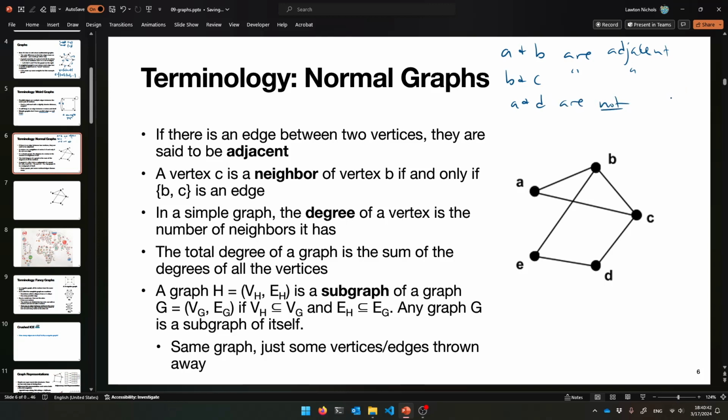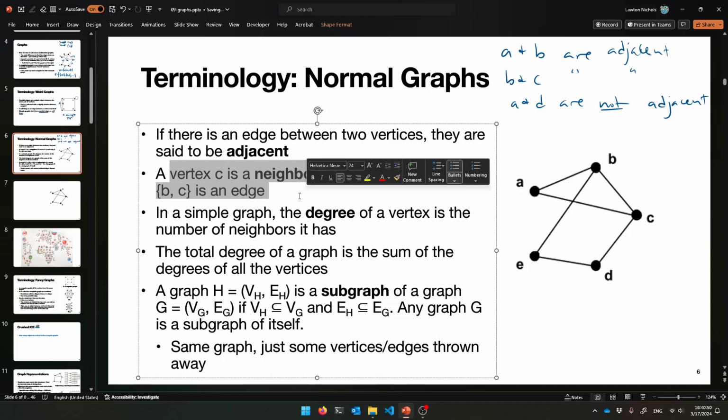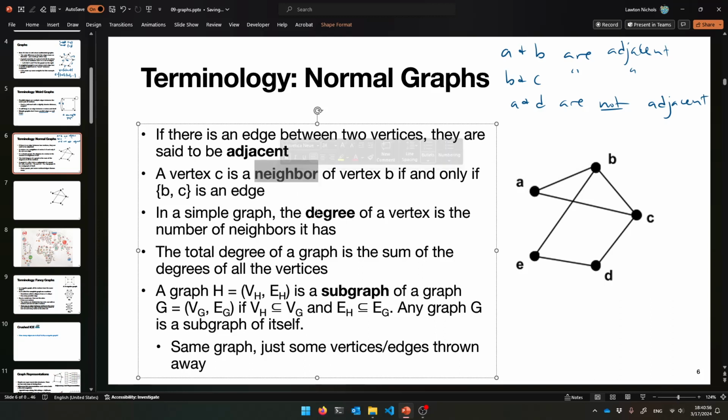Okay. We can also talk about neighbors, which is kind of cute. A vertex is a neighbor of another vertex if there's an edge between them. So it's a synonym for adjacent. A and B are neighbors, B and C are neighbors, A and D are not neighbors. Okay. So that's another way to say that.